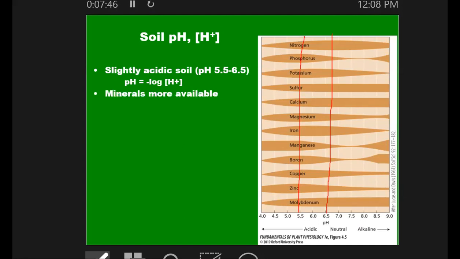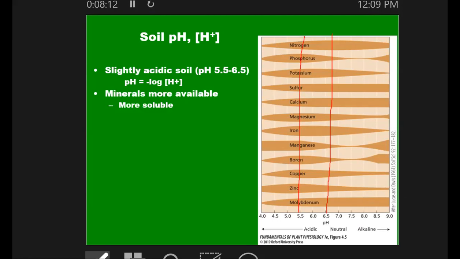When we say that in that 5.5 to 6.5 range the minerals are more available, that means they're more soluble in the water in the soil. In that range, it seems like it's easier to see a pretty good amount of minerals solubilized or dissolved in the water system.